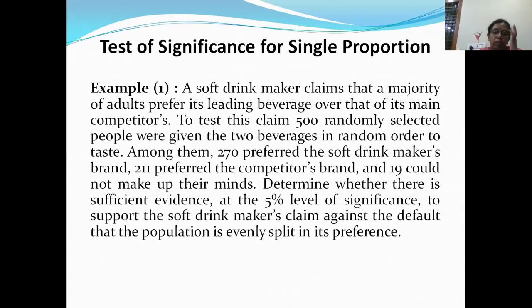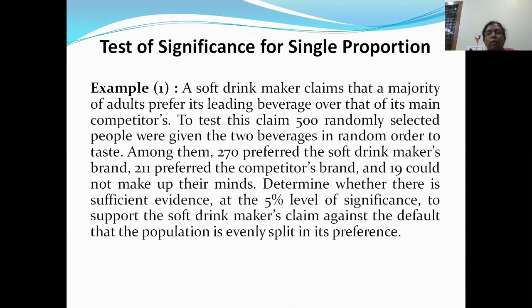So we'll see one problem based on this. A soft drink maker claims that a majority of adults prefer its leading beverage over that of its main competitors. So he is claiming that a majority of people prefer his soft drink over his competitors'. To test this claim, 500 randomly selected people were given the two soft drinks in random order to taste.